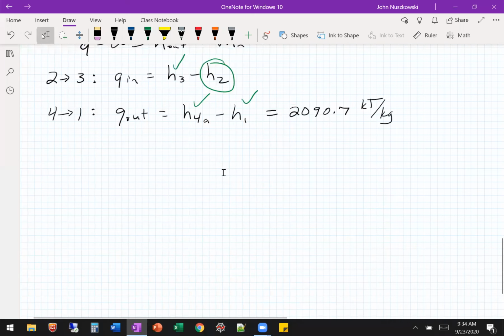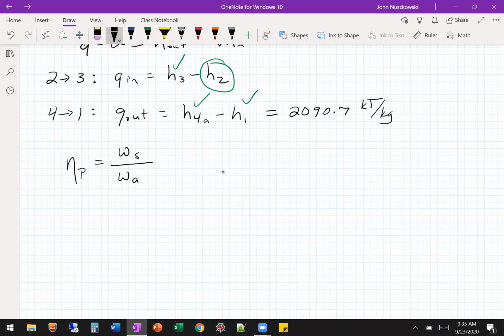All right, so our isentropic efficiency for the pump is going to be the isentropic work on the numerator, because it'll be smaller, the work you have to put in, and then the actual on the denominator.